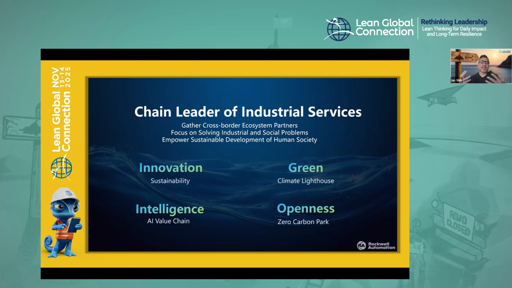So it's creating this imbalancing situation. So in order for us to really drive a transformation here, we have re-identified ourselves as a chain leader of industrial services by working with cross-border ecosystem partners, focusing around solving industrial and social problems, as I identified in the previous slide, enabling the world's sustainability.